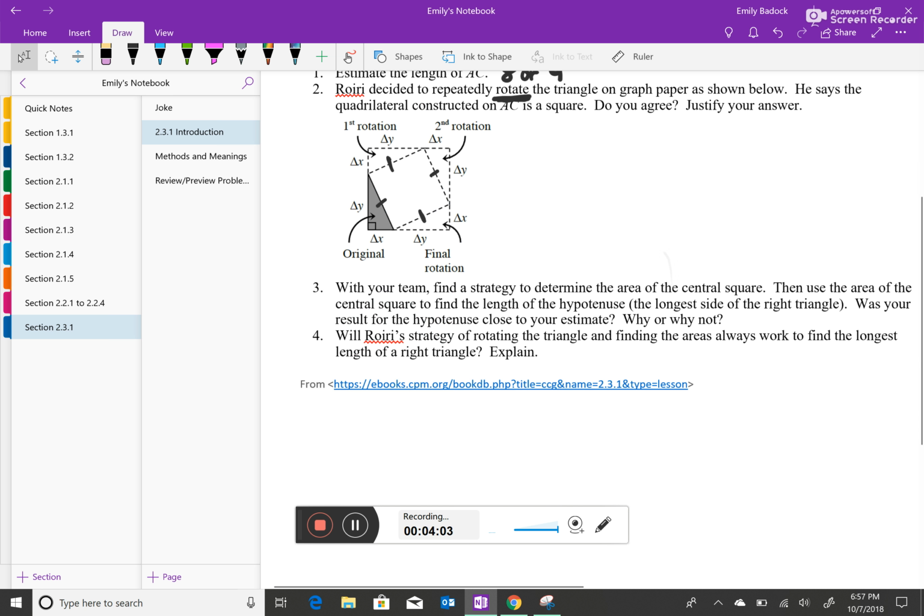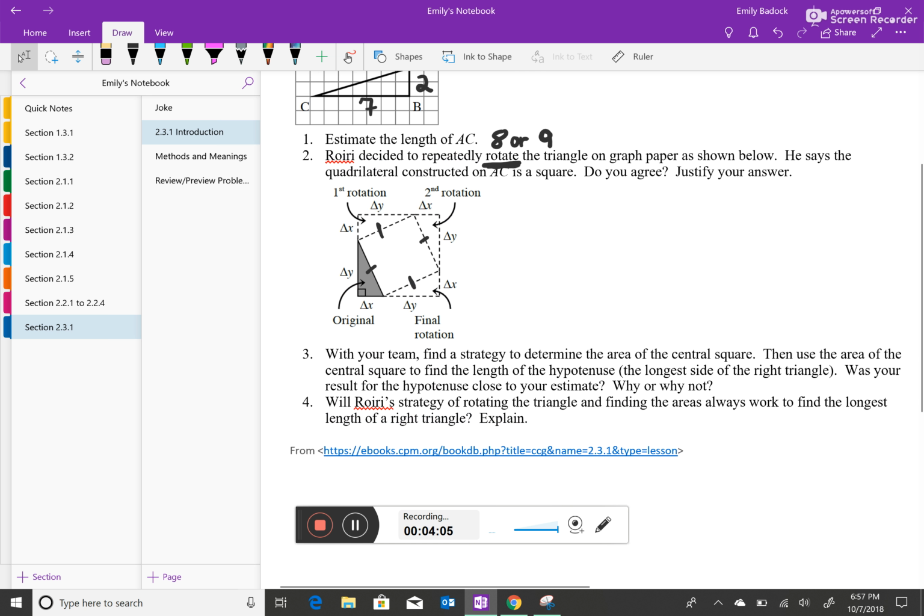Nothing is changing. Alrighty. With your team, find a strategy to determine the area of the central square. Then use the area of the central square to find the length of the hypotenuse. Was your result for the hypotenuse close to your estimate? Why or why not?